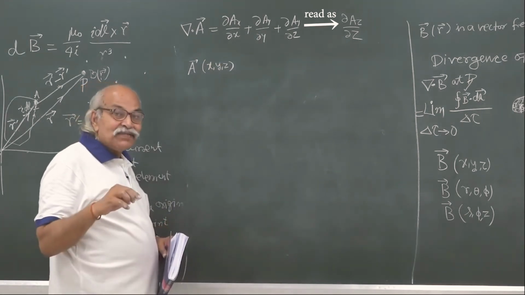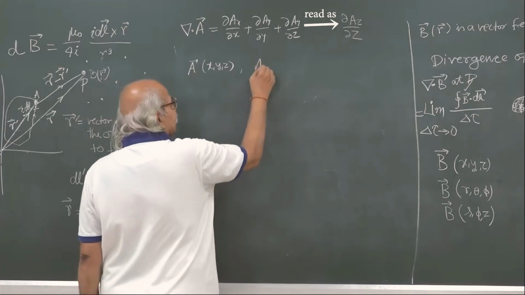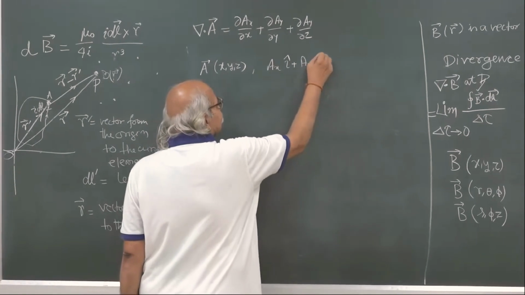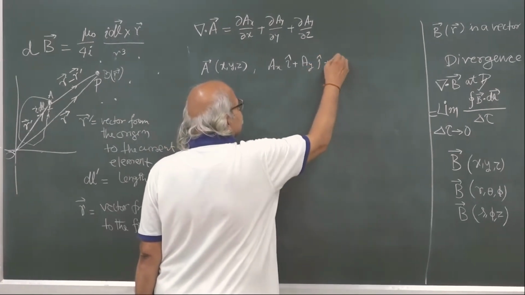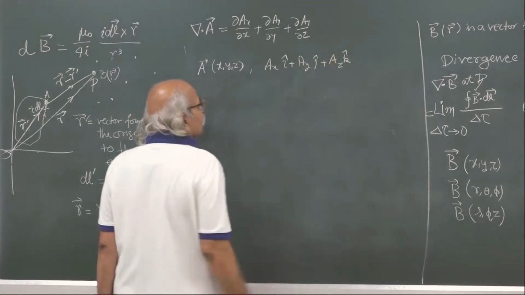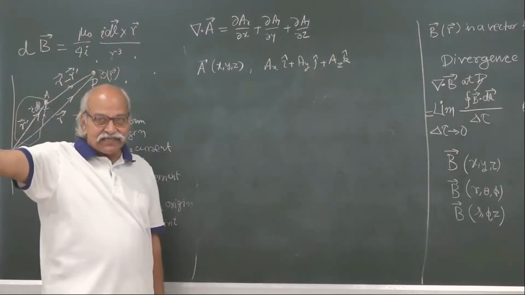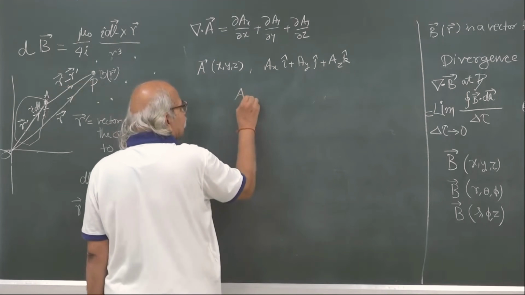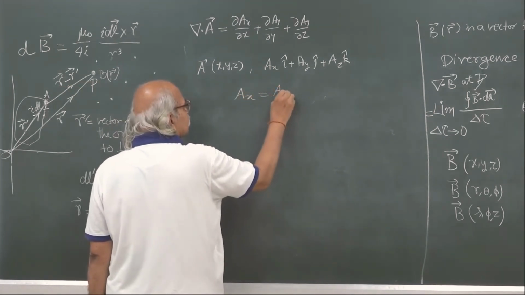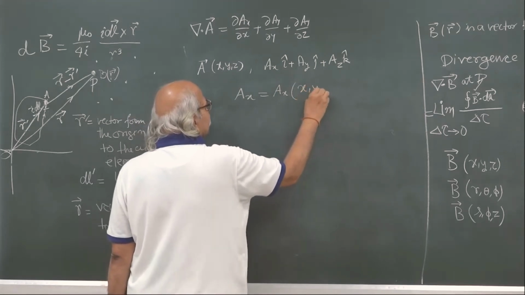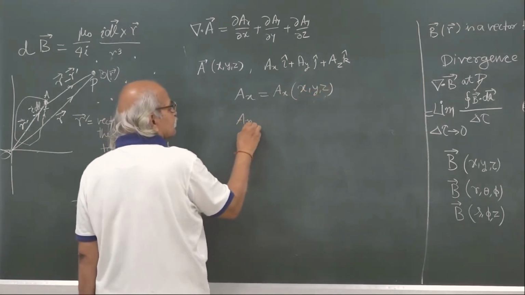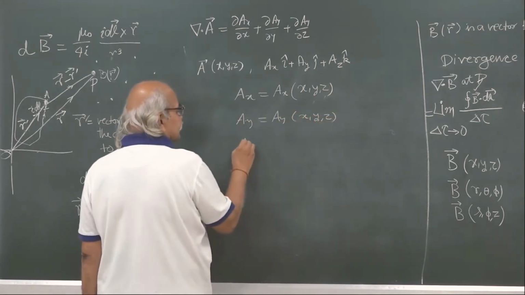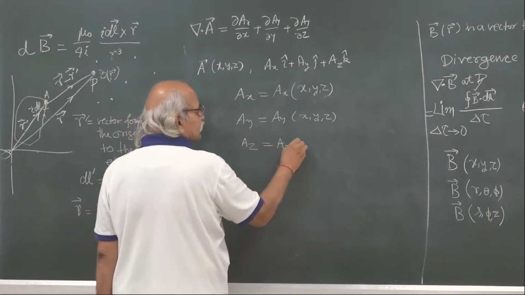You take the component along the x axis, that will be Ax, along the y axis, that will be Ay, and along the z axis, that component is Az. But at different points of space, all these components will have different values, and therefore Ax depends on which space point you are talking about. Ay and Az are also functions of which space point you are talking about.